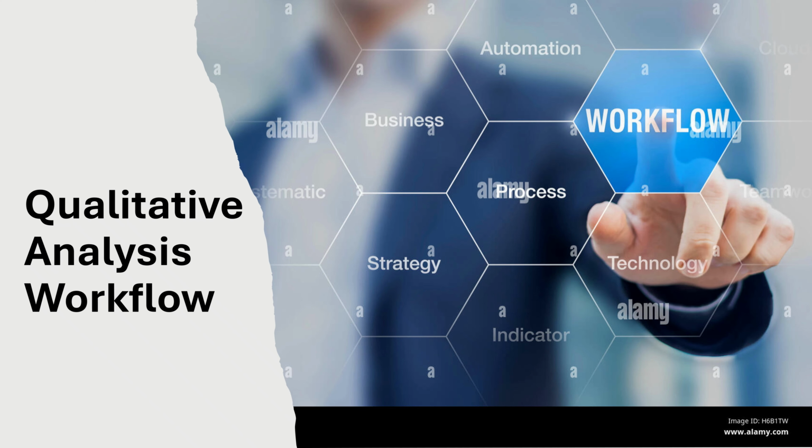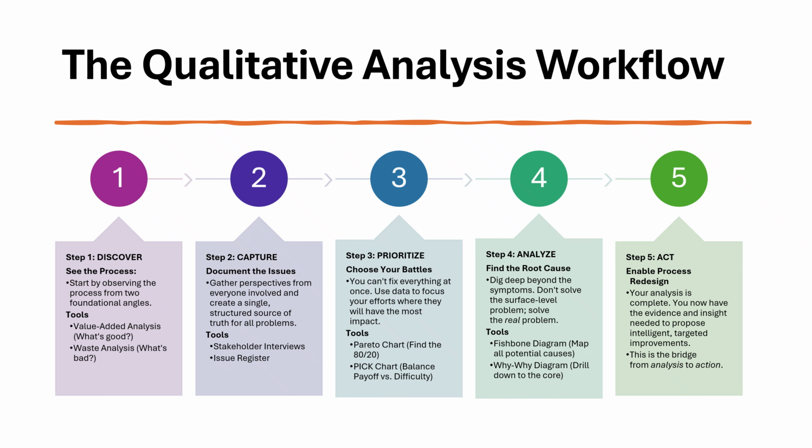Before concluding, I want to leave you with one final crucial slide: how all these pictures fit together. If you take away one single thing today, let it be this workflow. This is the structured, systematic approach to qualitative process analysis. Discover. You begin by assessing value versus waste using value added analysis and the 7 wastes.